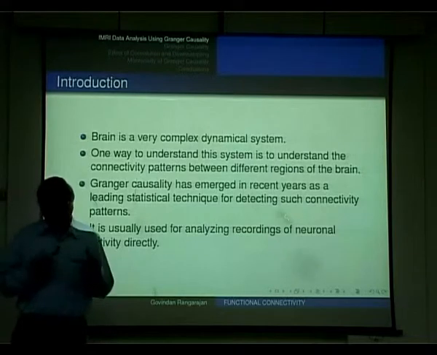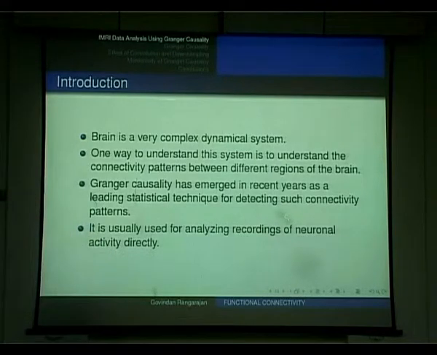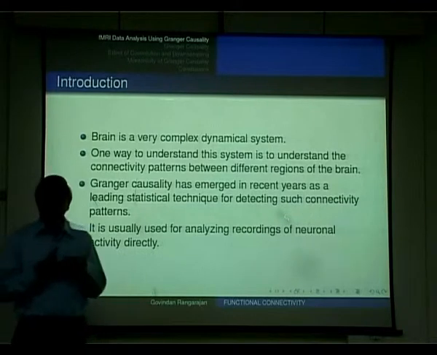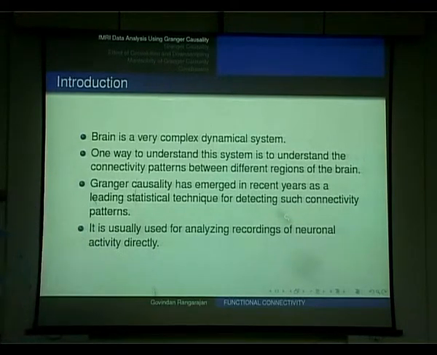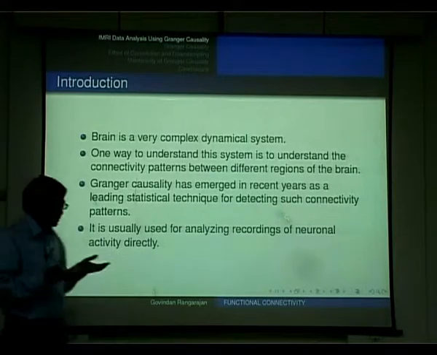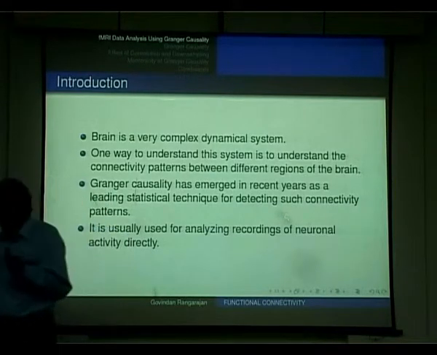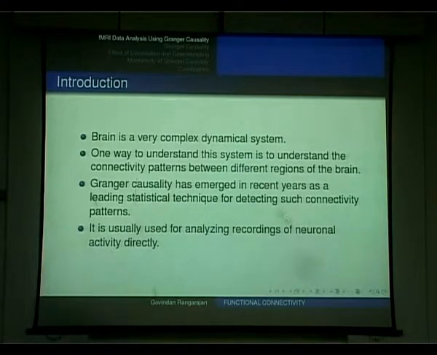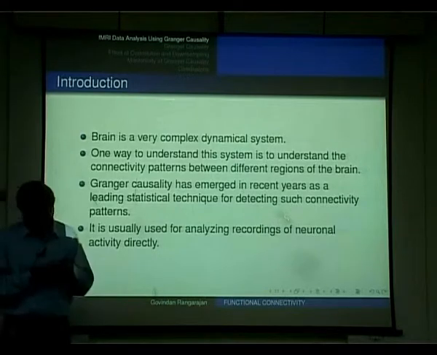Granger causality has been very effective in analyzing neuronal activity directly. Suppose you have LFP, local field potential recordings, or EEG data, things like that. There, it has been used quite effectively in looking at causal relations between different regions.